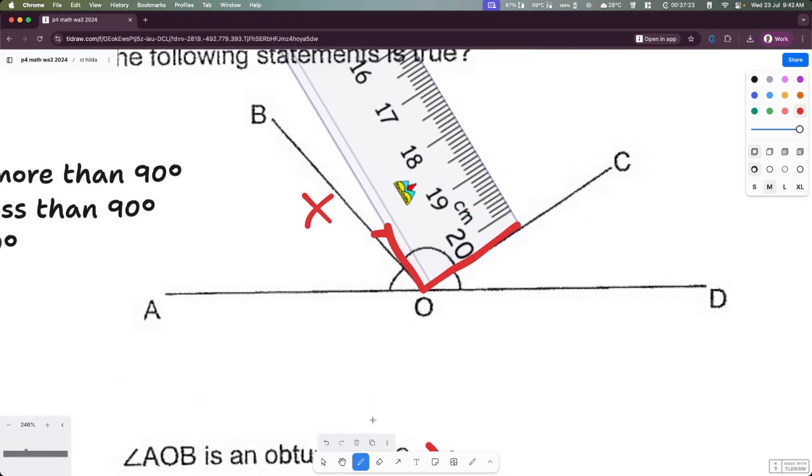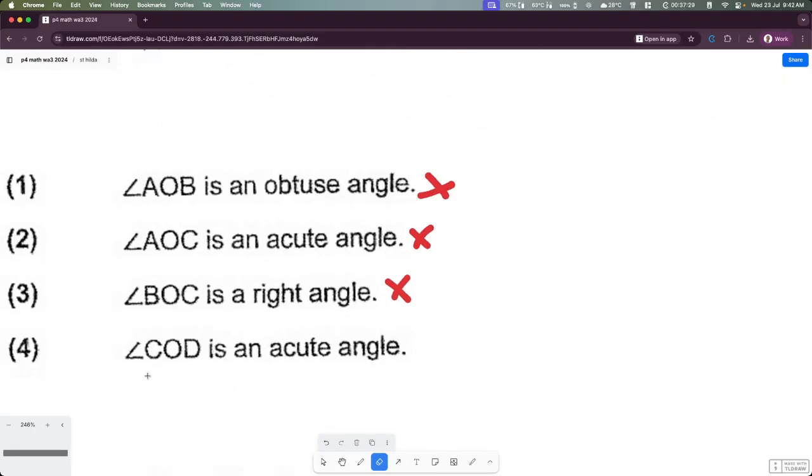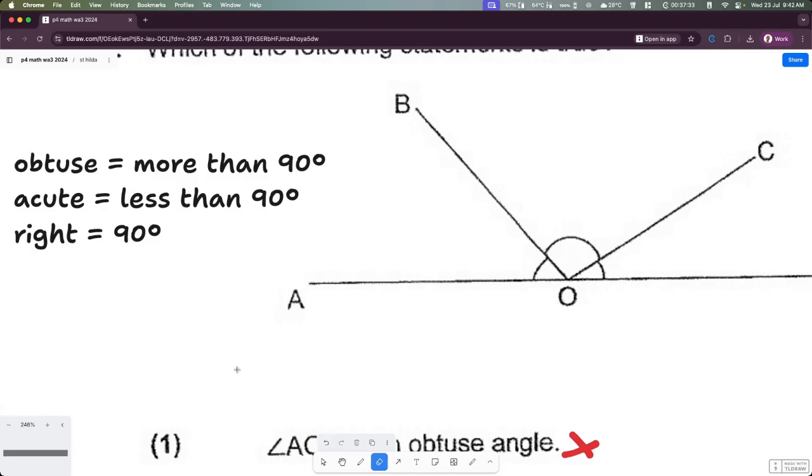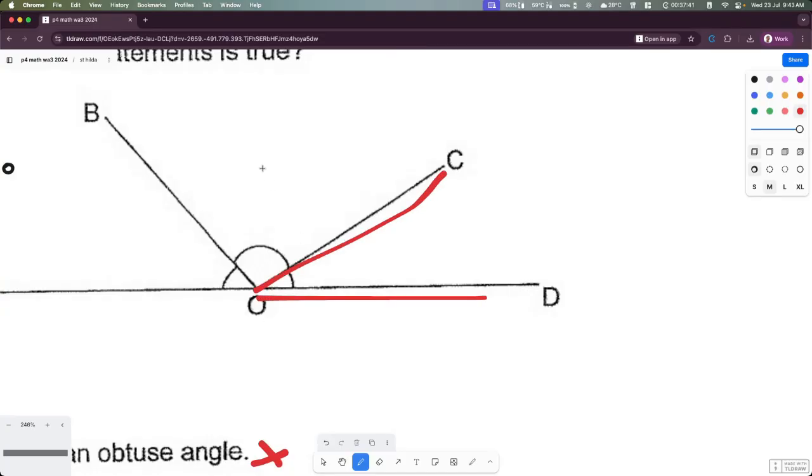So the last option is correct. COD over here is an acute angle, so it's less than 90 degrees. Is it a less than 90 degrees angle? If we draw a perpendicular line, you can see COD over here is actually less, which is a smiley face.